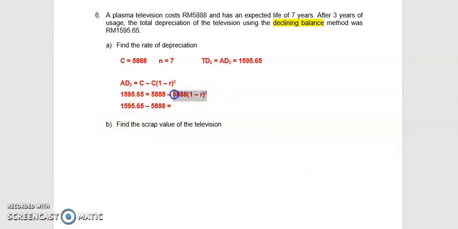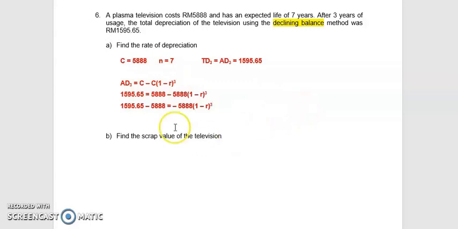On right hand side you have this term. You cannot move this one to left hand side as well because cost is multiplied by this term. If you simplify this part, you will get negative 4292.35 equal to this one.